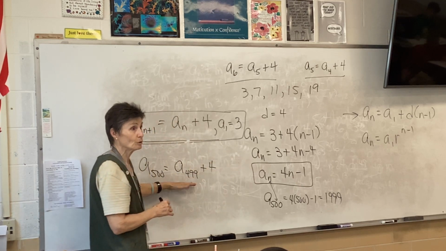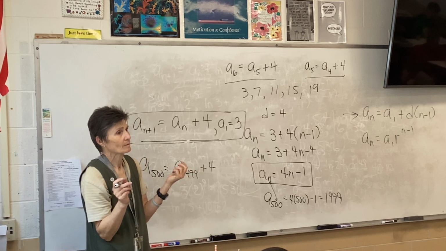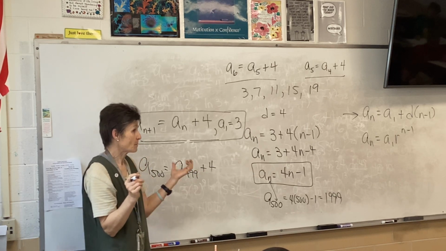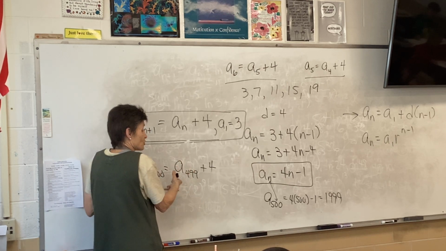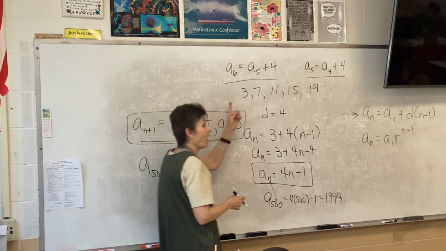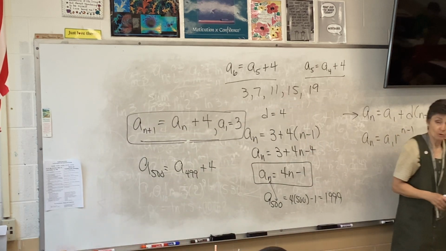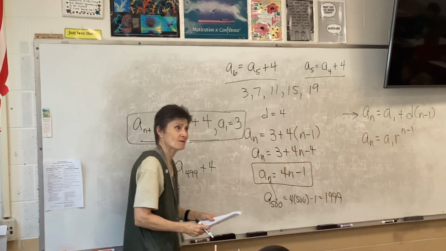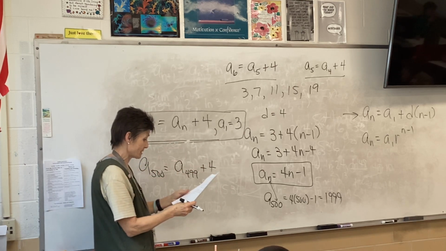Now, that's true, but where do I get the 499th? The 498th? Do you see what's wrong with this? I'm not going to be able to jump straight to the 500th. I'm going to have to literally keep adding 4. So while these are necessary sometimes, they're not nearly as handy as the explicit ones.